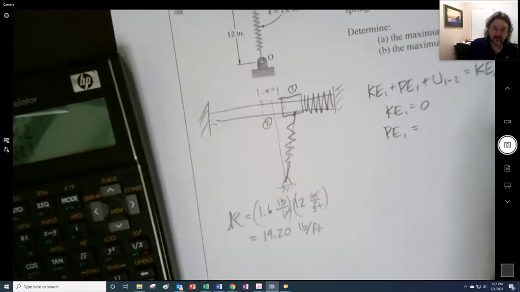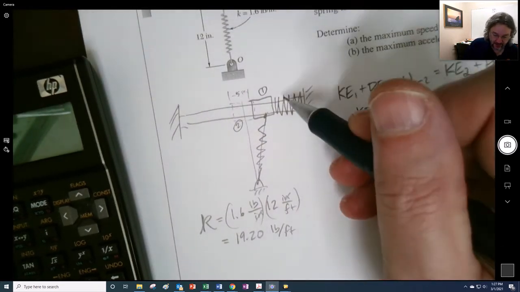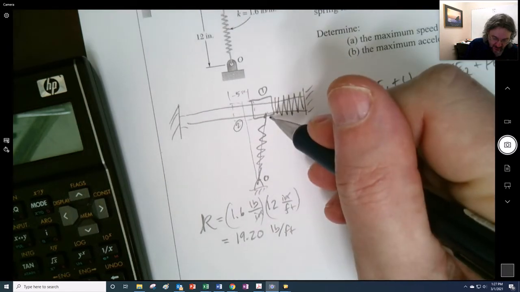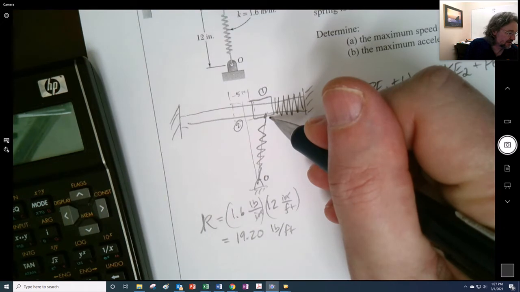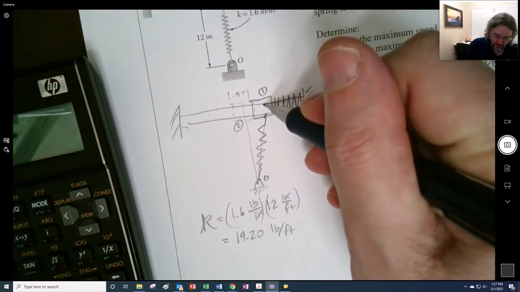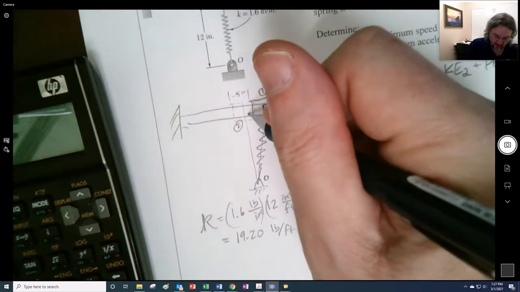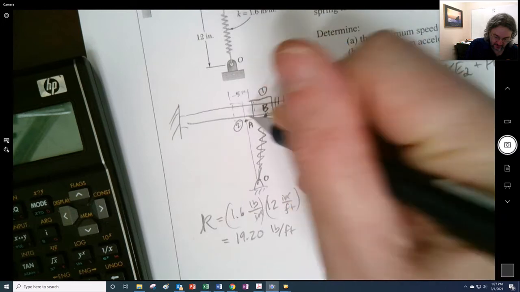I also want to get the del that's taking place. All right, so I'm going to call this one O, and I'm trying to think of what I decided to call this right here. I think this is B right here, and I'm going to call this location A right there, okay?